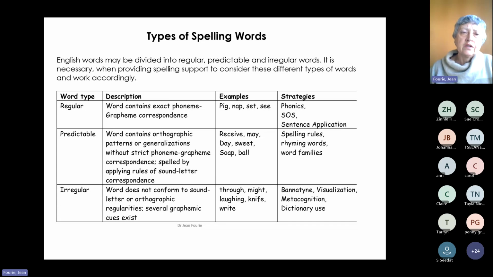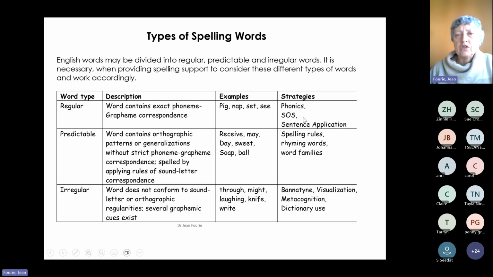So if children are having difficulty with these regular words where there is clear correspondence between phoneme and grapheme, there are strategies that we can teach, and we can do a lot of phonics. Teachers are very good at doing phonics exercises and having all sorts of little Letterland stories and ideas in order to really set the sound and the grapheme together so that they become automatically associated with each other.